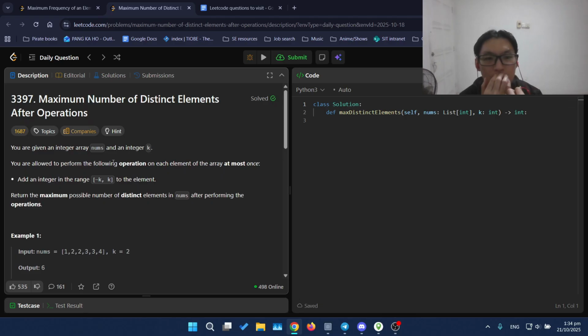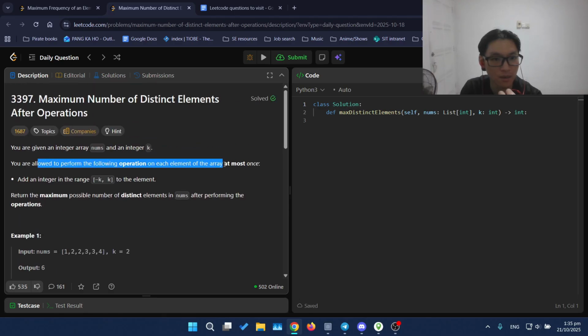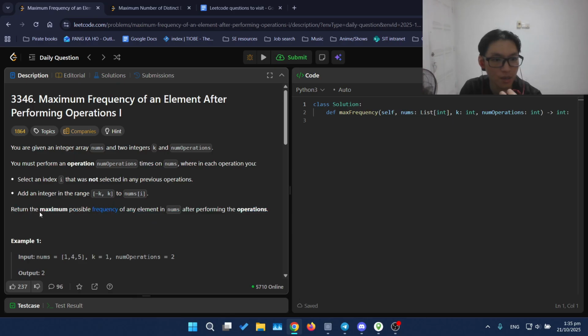Let's see. Add an integer in range to the element. Wait, what? This returns the maximum number of distinct elements after performing the operations. Here we want the maximum possible frequency.